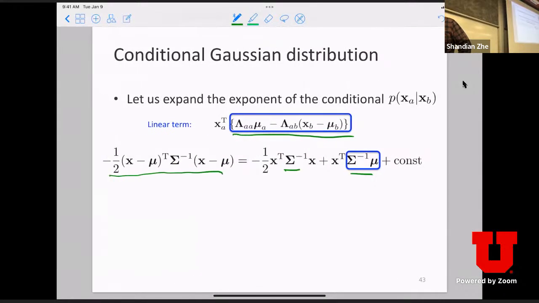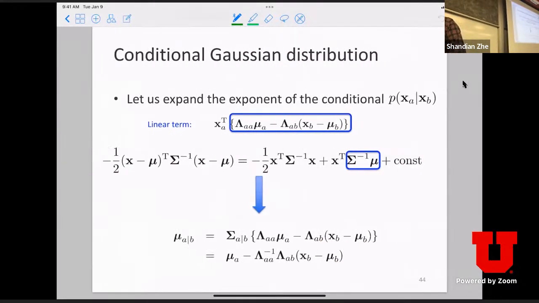This is the linear term, and from the Gaussian property, we know that it corresponds to the covariance inverse times mu. The covariance itself is here, and we know that it is lambda aa inverse, which is something we just mentioned before. So we can just multiply it back, and we get the conditional mean, which is mu A subtracted by this term.